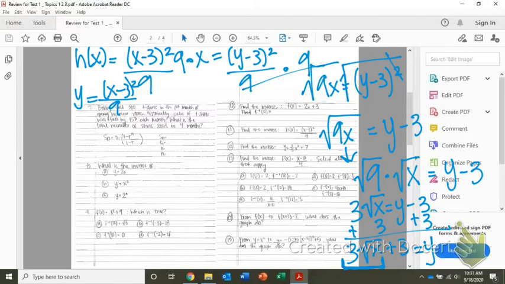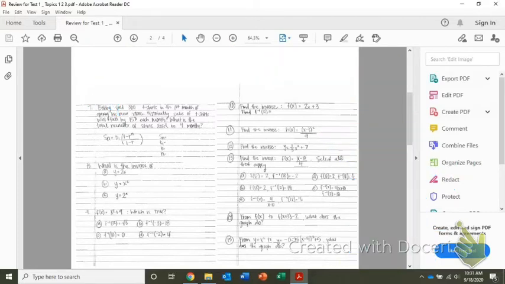All right, next. Number 12. I love this one too. All right, it says y equals 1/3 x squared plus 7. x equals 1/3 y squared plus 7.